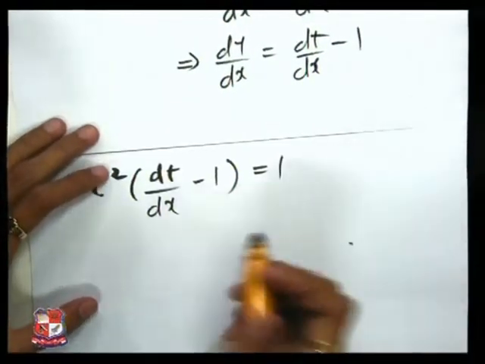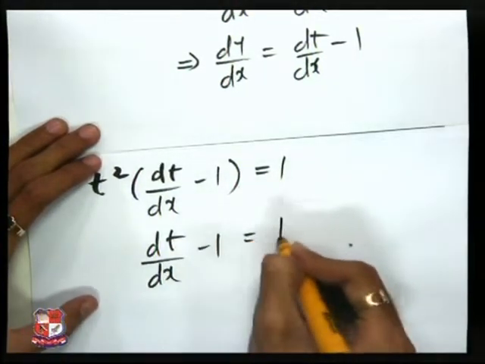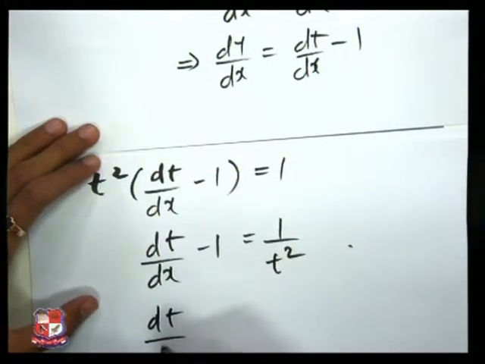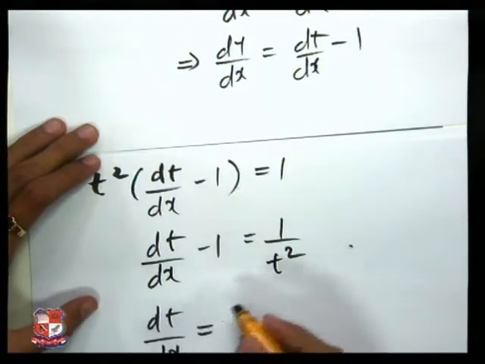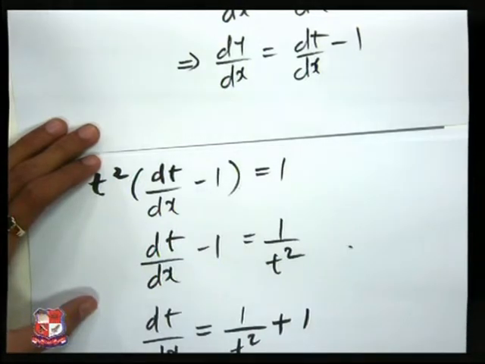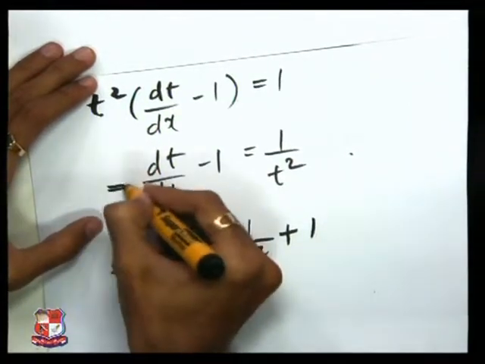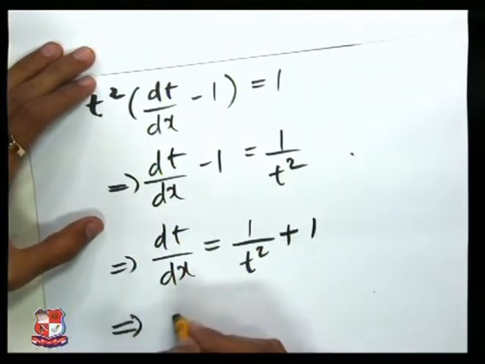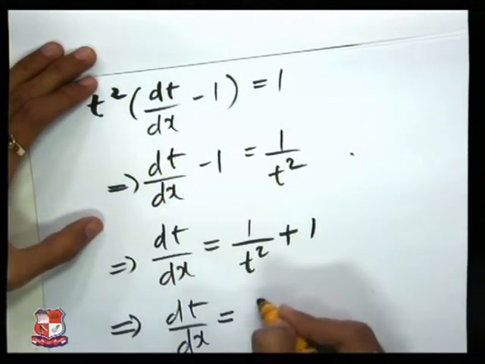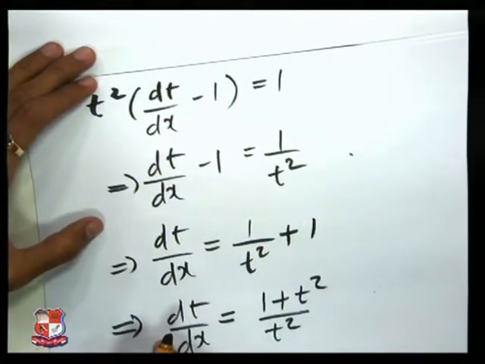So I will get dt by dx minus 1 is equal to 1 upon t square, and so dt by dx is equal to 1 upon t square plus 1, so dt by dx is equal to 1 plus t square upon t square.